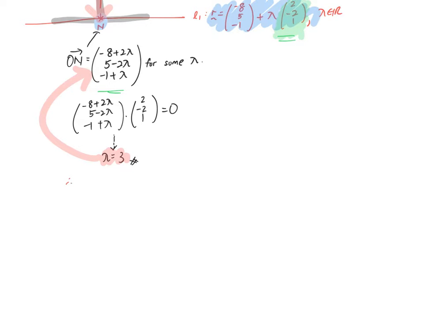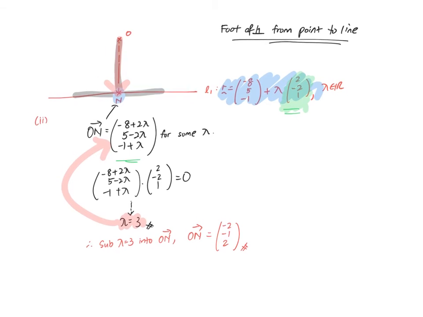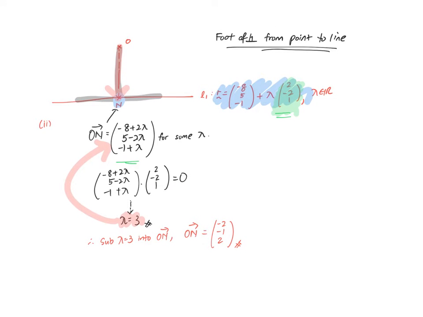So just sub lambda equals 3 into ON, and you obtain that your ON is equal to -2, -1, 2. And you have finished your part 2 easily, which is the foot of the perpendicular from the origin to line 1. Okay, part 3, we need to find the point of intersection between line 1 and line 2.